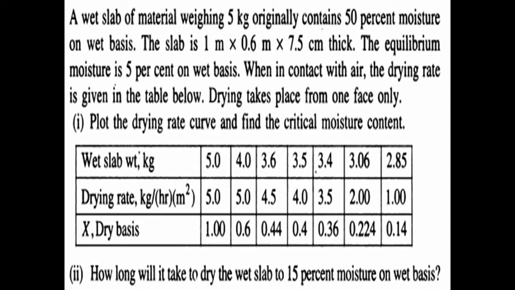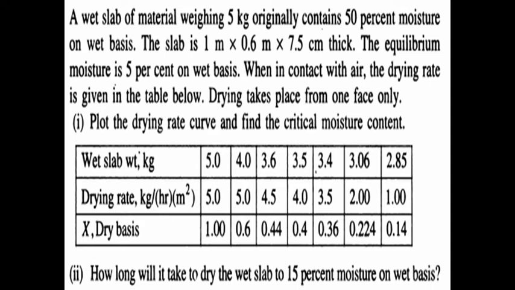Okay. I hope all of you watched my videos about the drying rate curve. In that video I explained about the constant rate period and falling rate period. Refer to that video. Objective of this problem: first, plot the drying rate curve and find the critical moisture content. The data are given. Wet slab weight in kg: 5, 4, 3.6, 3.5, 3.4, 3.06 and 2.85.